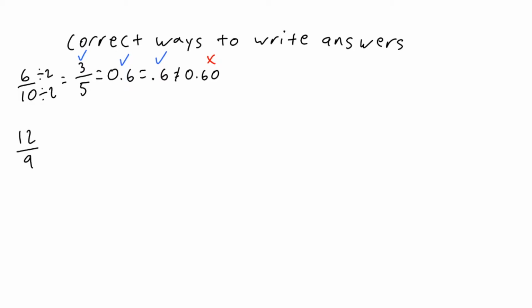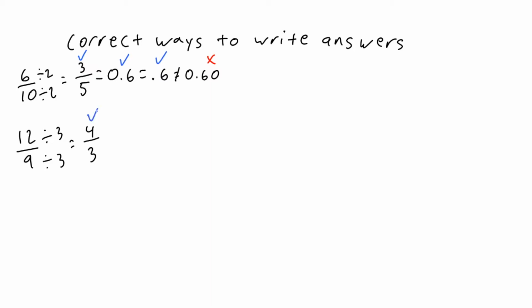Now let's say we have the fraction 12 over 9 as an answer. So again, this can be reduced. They can both be divided by 3. 12 and 9 can both be divided by 3. So we divide them both by 3, and we get 4/3.